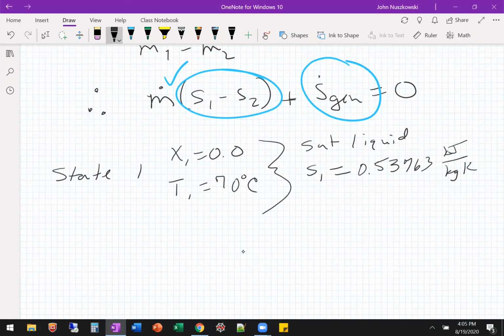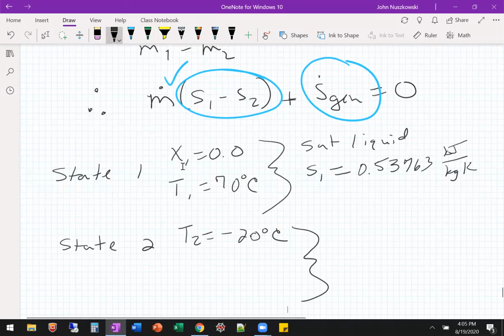We get volume too. Now state 2. They gave us temperature, it's -20. So then maybe this is what you're getting at. We need another property to fix our state to get it from the table.